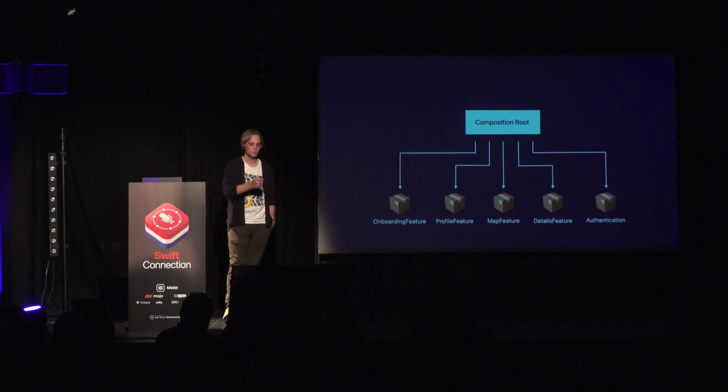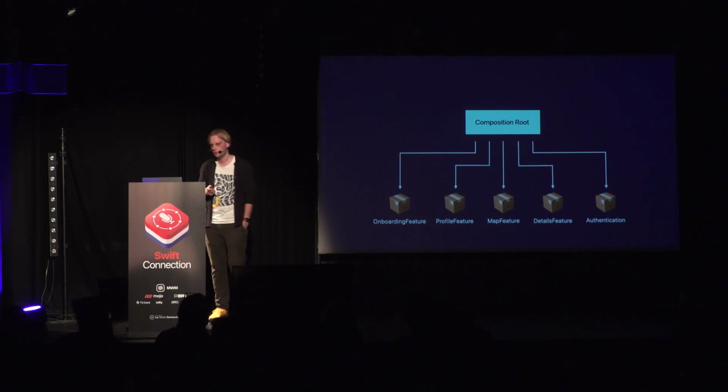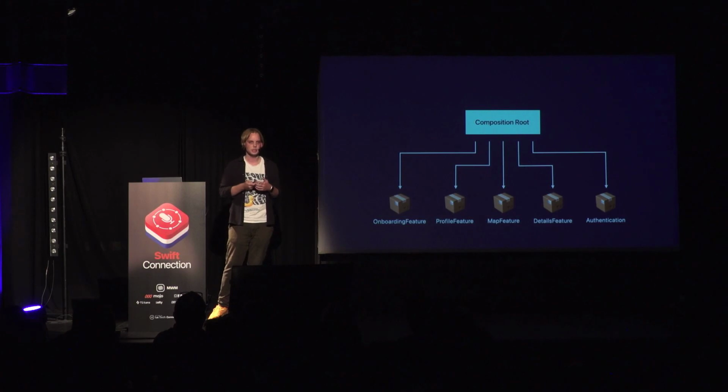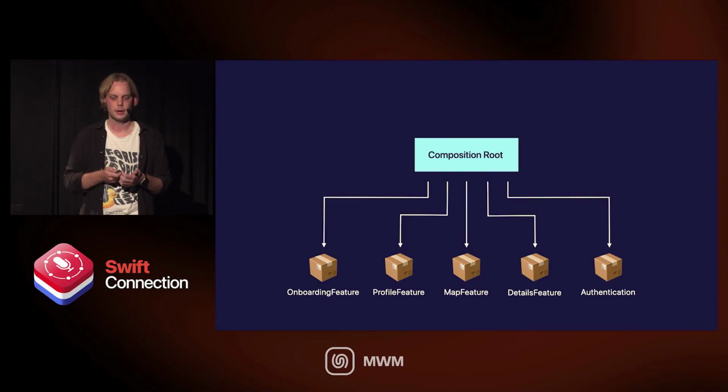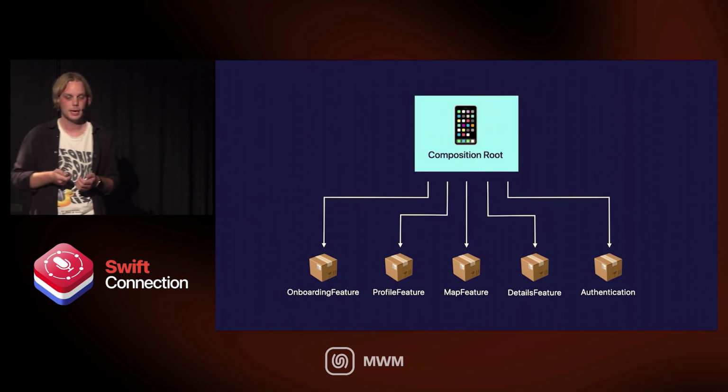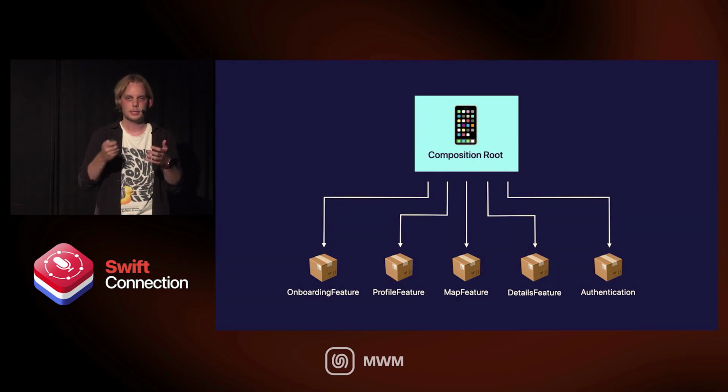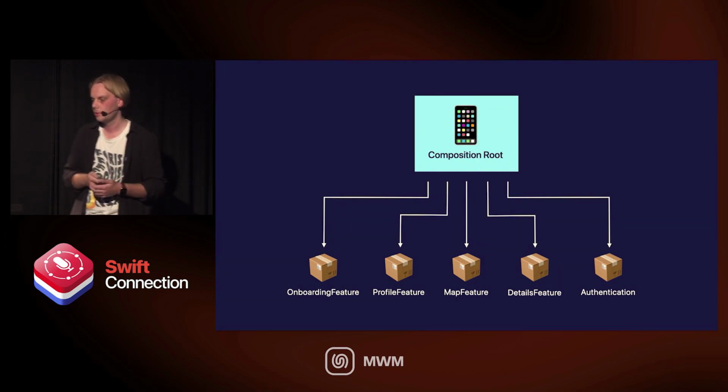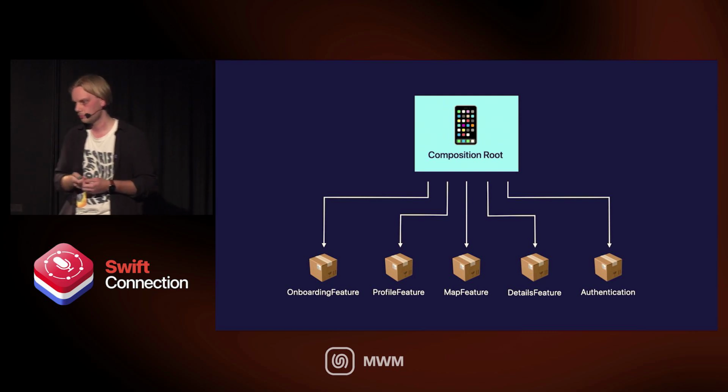And our composition root depends on these Swift packages, or rather, the targets within those. So if we have all our UI and all our business logic living in Swift packages, where does that put our app target? Well, our app target is the composition root. That's our composition root layer that contains composers.